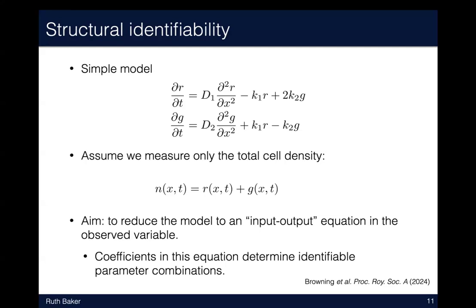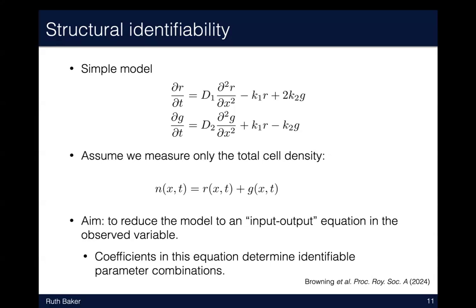So they're transiting from being red to green. And then K2 is the rate at which cells are progressing from being green to red, right? And the fact that cells divide as they go from green to red gives you the factor of 2 in the first model. So this is like the most simple model that you could write down of this system.